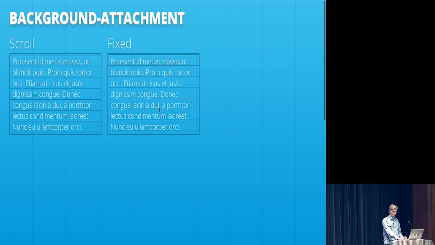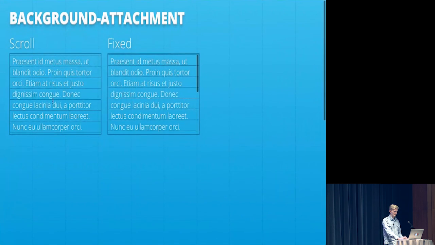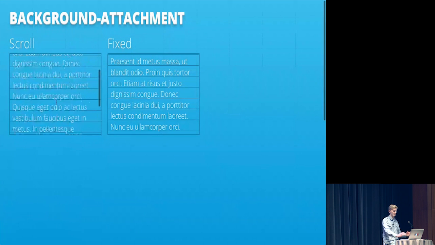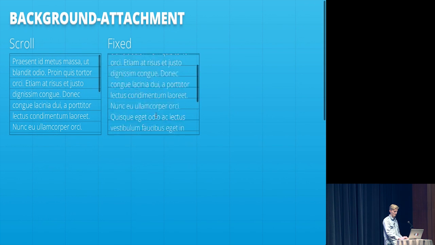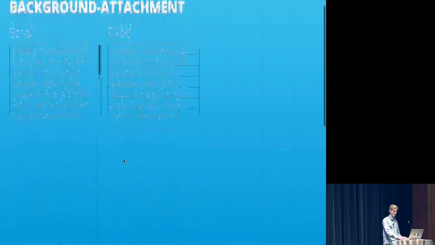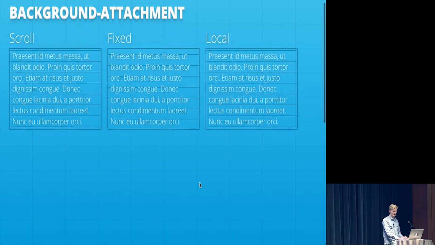And well, when you scroll the element, so these are overflow auto elements, well, that's not what we want. I was trying to mimic a notepad effect here, like the lines would scroll with the text as well, but neither of these provide the effect that I'm looking for. But luckily, there's now a third option called background attachment local, and that gives exactly what I want.